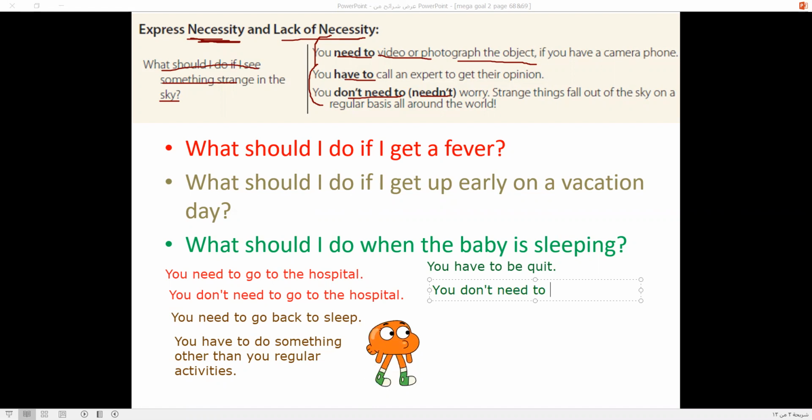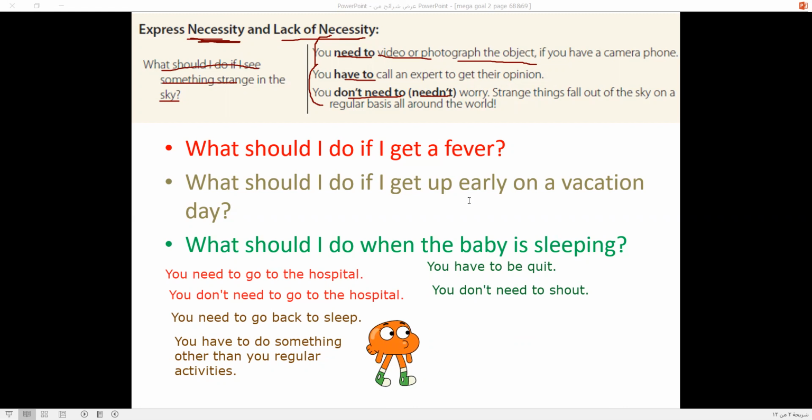You don't need to shout. Very good. Hadith said you need to do everything but calmly so that he doesn't wake up. Very good, excellent sentence. You need to do everything calmly so that he doesn't wake up.